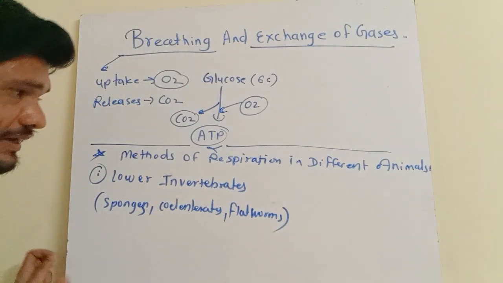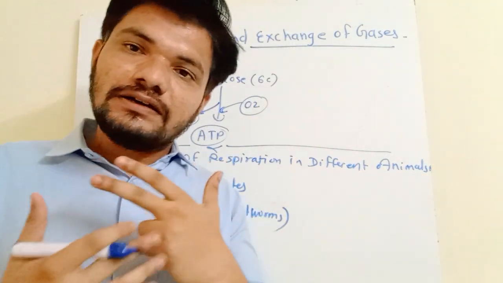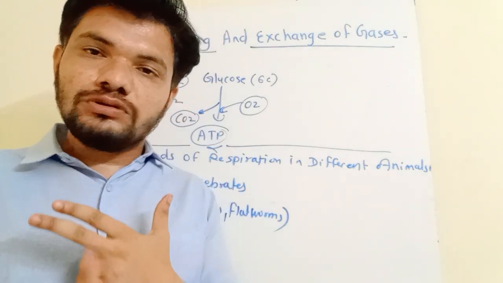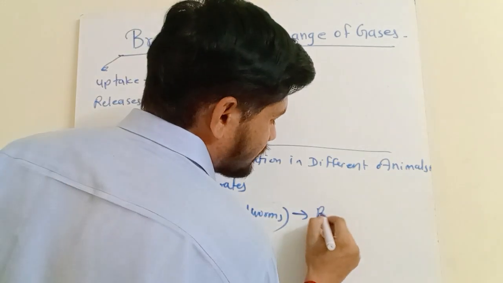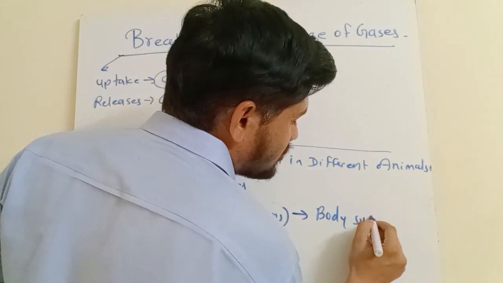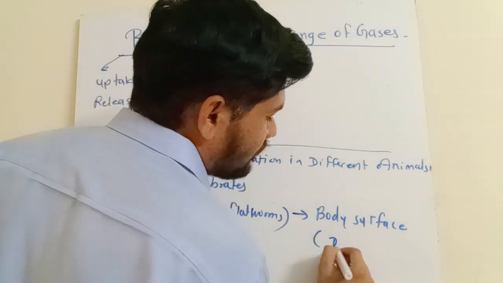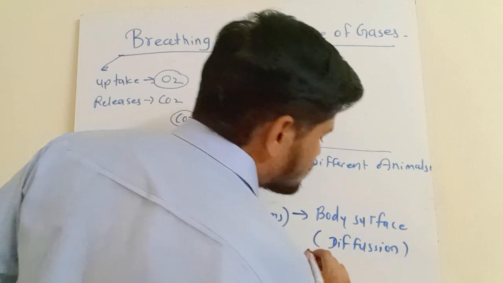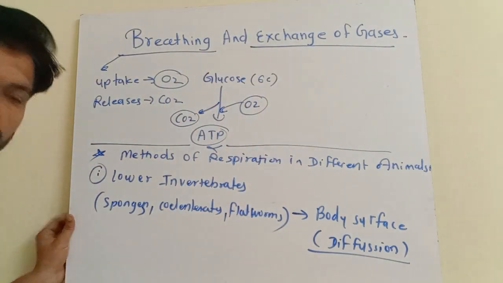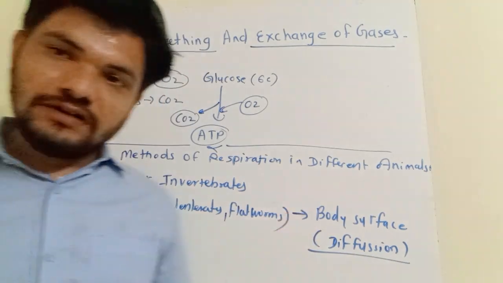They perform respiration by a very simple method. They release CO2 directly through their body surfaces, by direct diffusion. So the extra gas produced inside the body of the organism is directly released by the body surface.